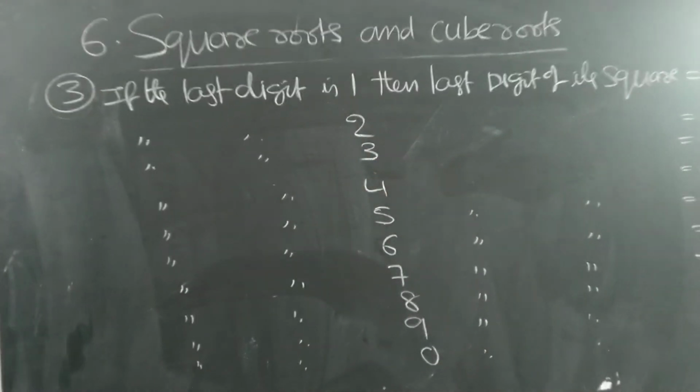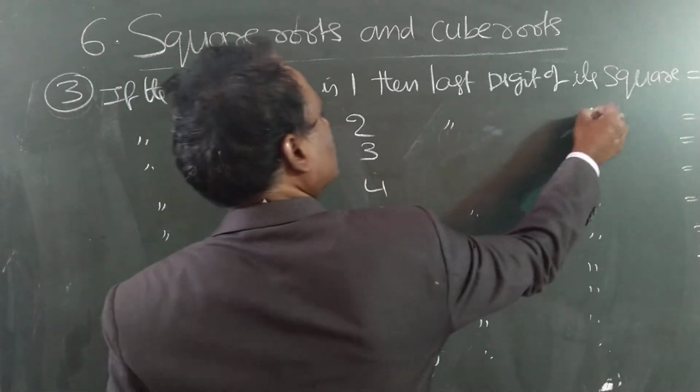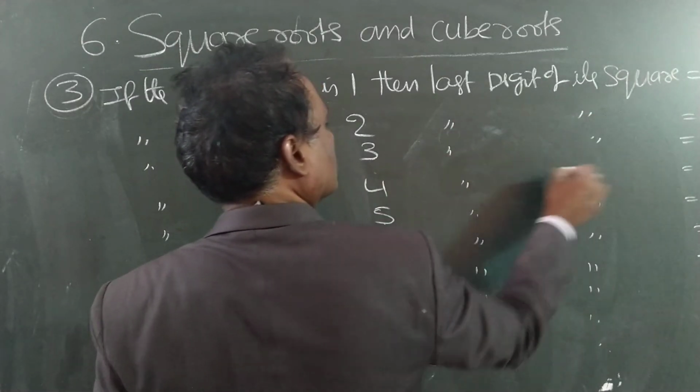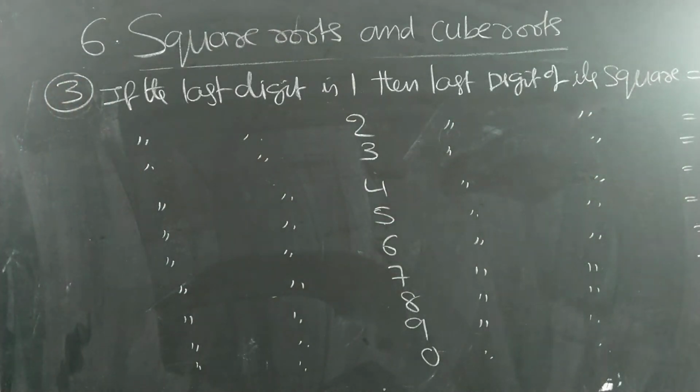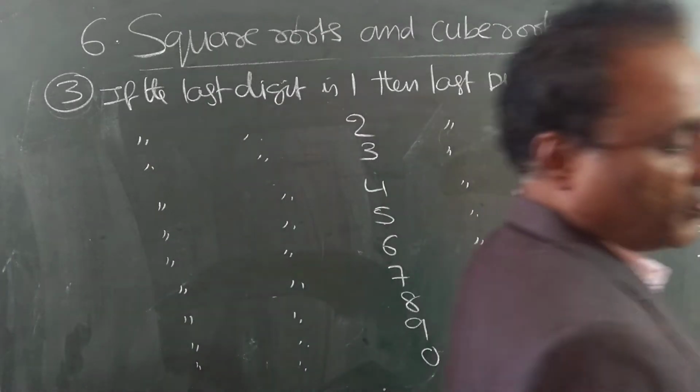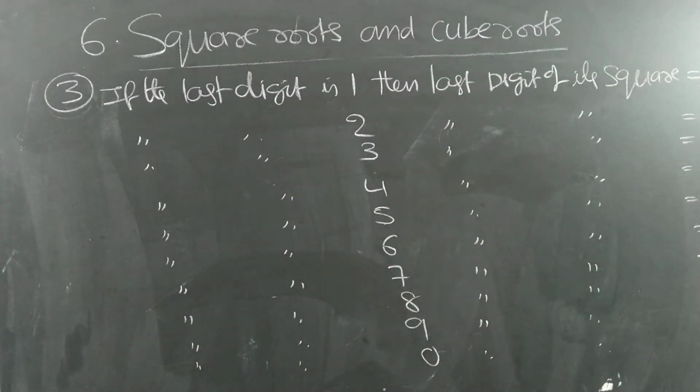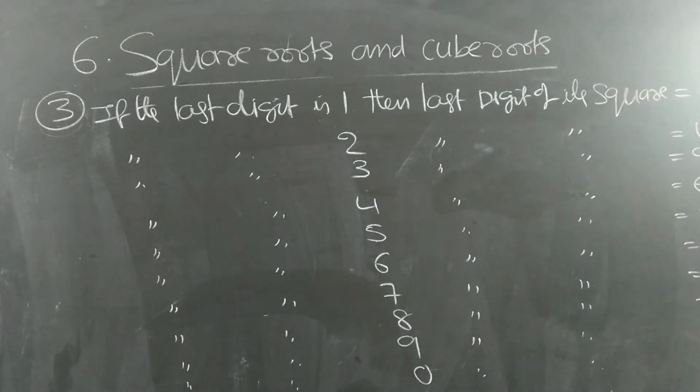Write down this table. It is useful in finding the last digit of a square without actual calculation.